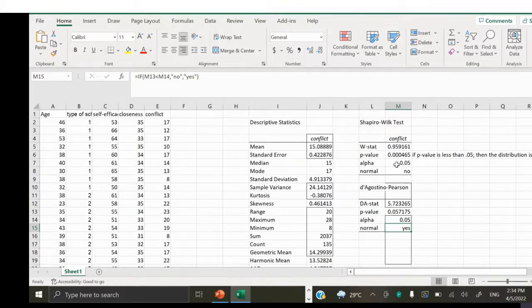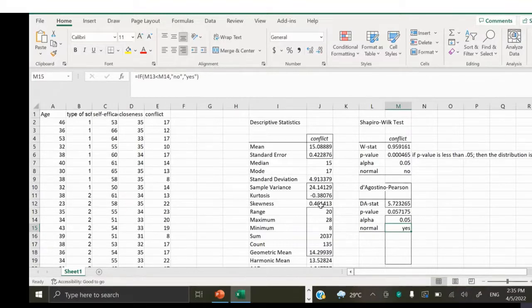Because if you use the Shapiro-Wilk test for big numbers, say a data set greater than 50, it becomes very sensitive. It will say almost everything is not normal. But if the distribution includes fewer than 50 cases, Shapiro-Wilk is the most appropriate normality testing technique to use.